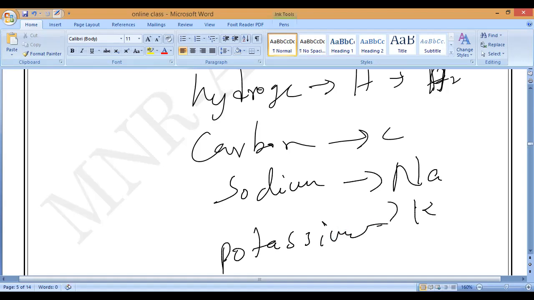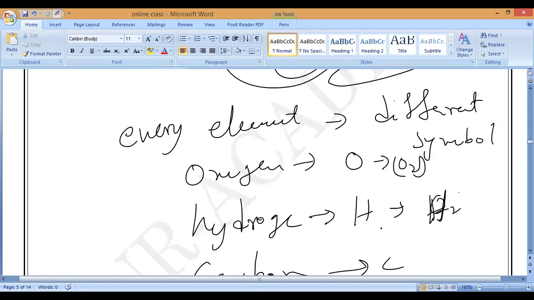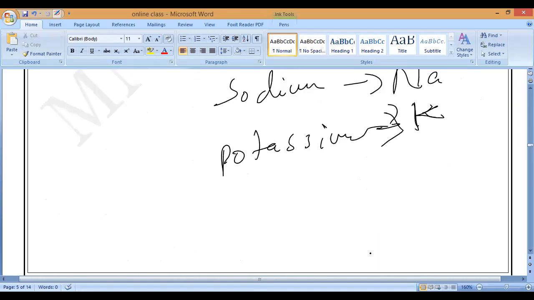Potassium symbol is K. Like this, different elements are represented with different kinds of symbols. That is what we should call an element. Every element has a different symbol, and it is not possible to separate it into individual substances.